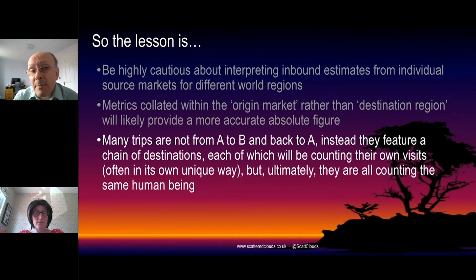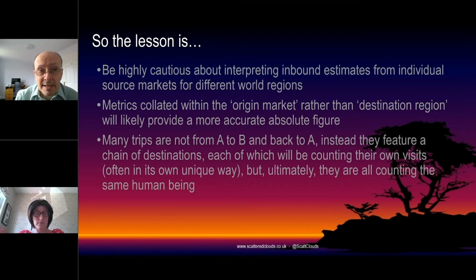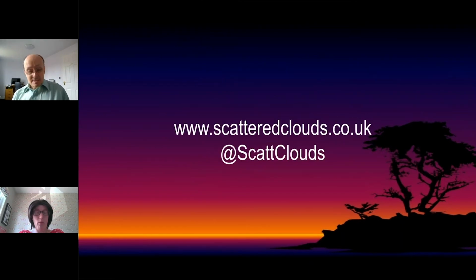Many trips are not from A to B and back to A. Instead, they feature a chain of destinations, each of which will be counting their own visits, often in their own unique way, but ultimately they are all counting the same human being. So Rachel, that takes us through the different ways of trying to figure out why origin visits and outbound arrivals do not always tally.